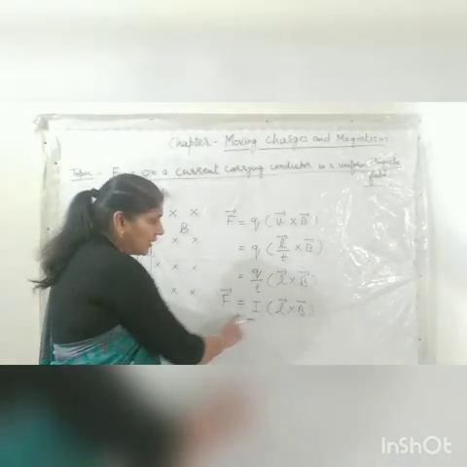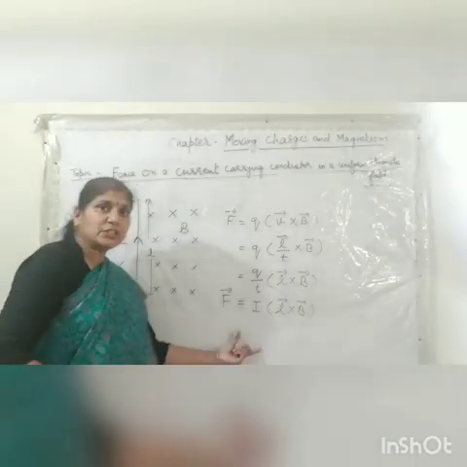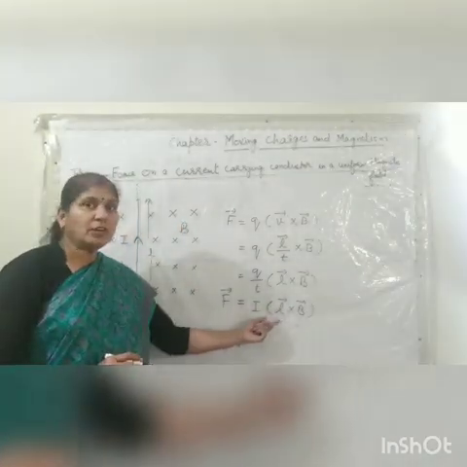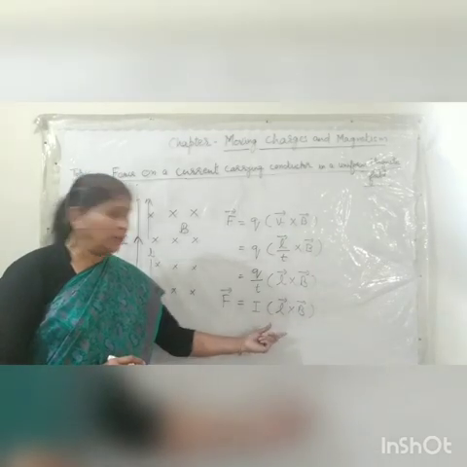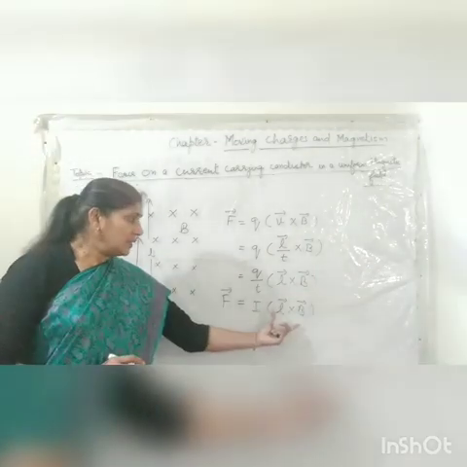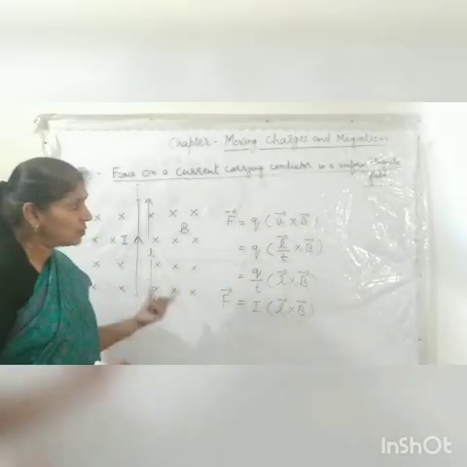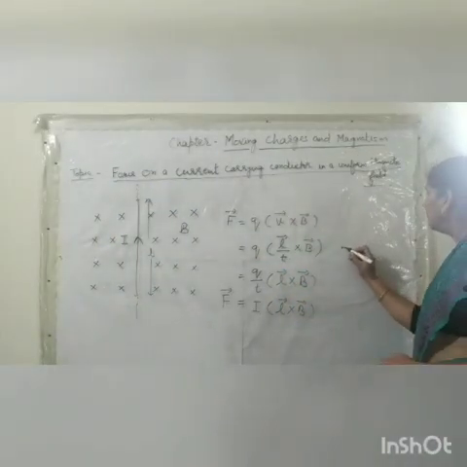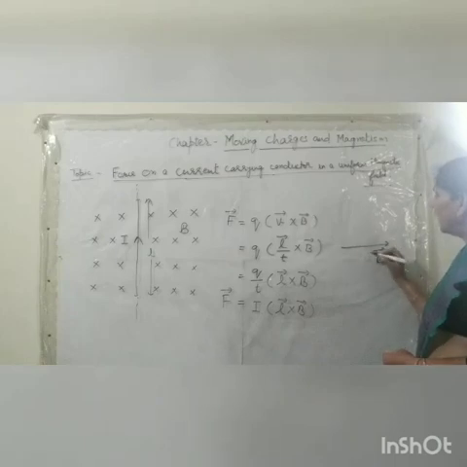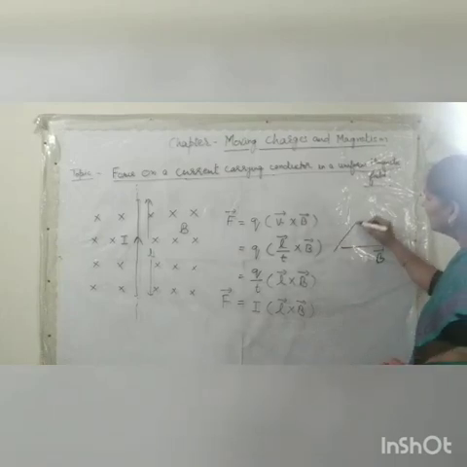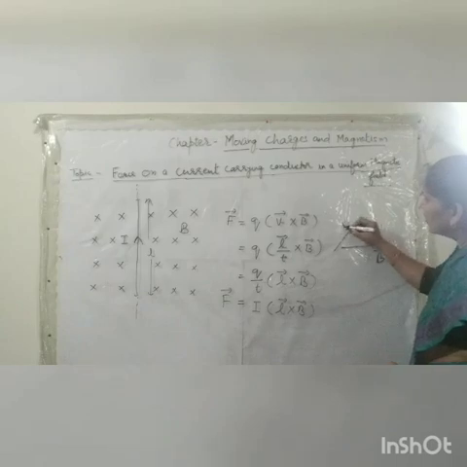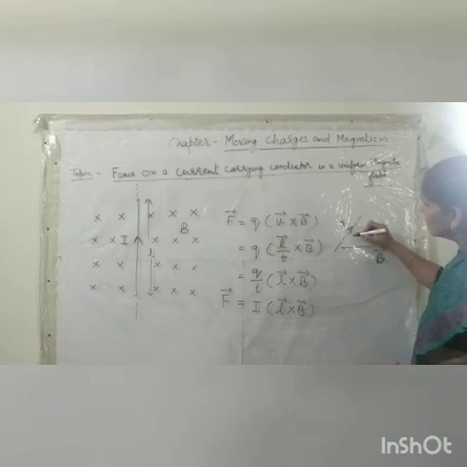Direction of force can be found from this expression also. It is the cross product of L and B multiplied with current I. So this cross product gives us the direction of force on this conductor. So in general, suppose we are taking the magnetic field in one direction, and the conductor's current is along this direction, so L is also having this direction along the current.